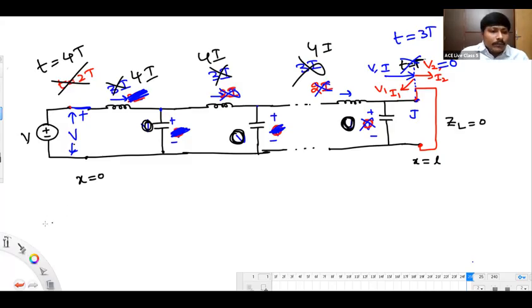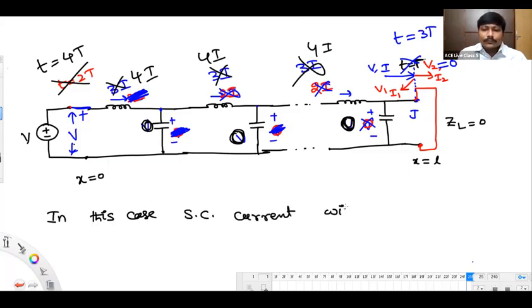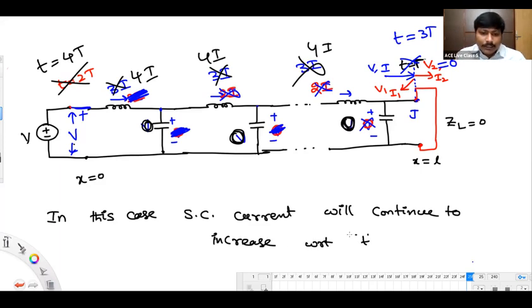So you can say in this case, short circuit current will continue to increase with respect to time.